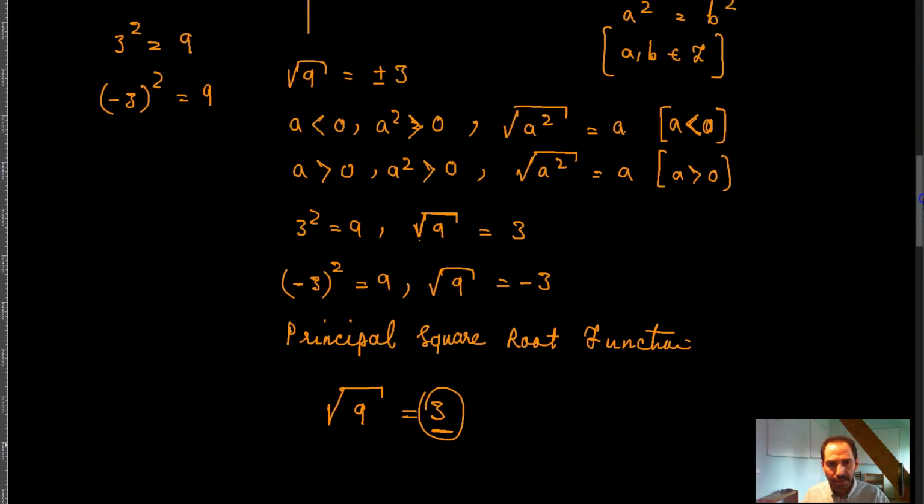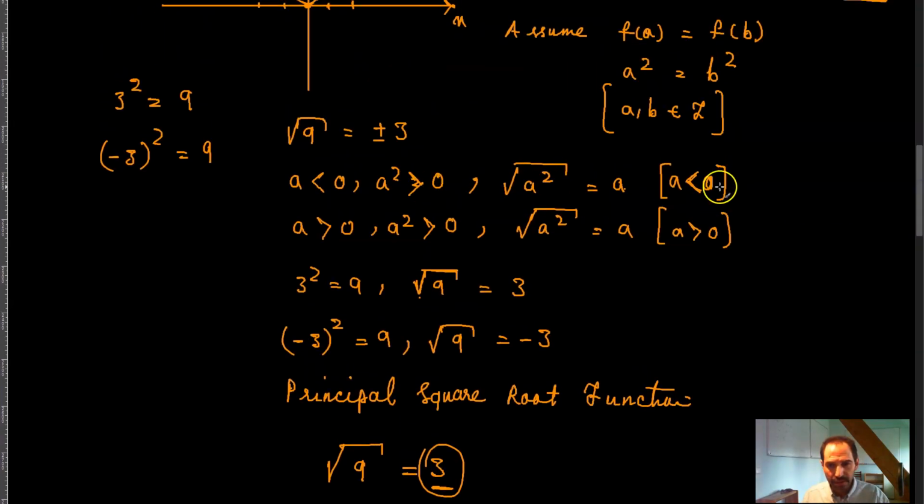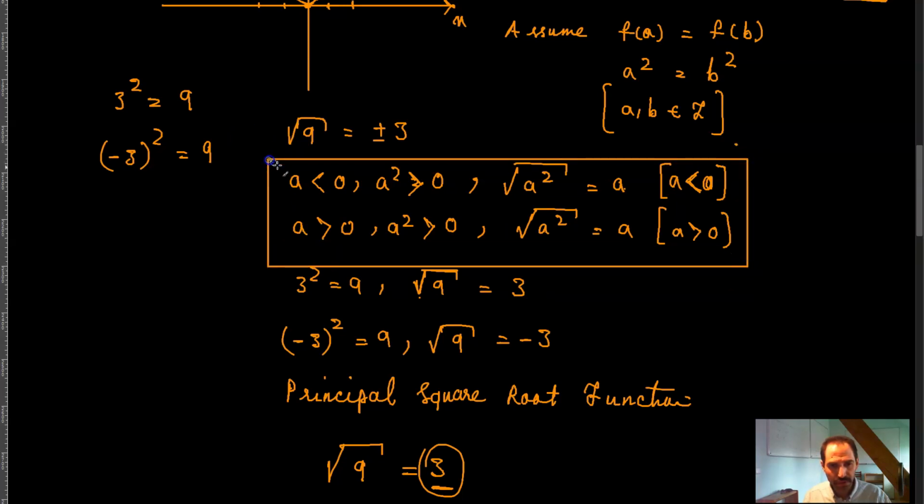Now, you can see that over here, if we talk about the square root function, not the principal square root function, but the square root function, if a is less than 0, then the square root of a squared is going to be some a which is less than 0. If the a that you start with to get your a squared is greater than 0, then the square root of a squared is going to be some a which is greater than 0, right?